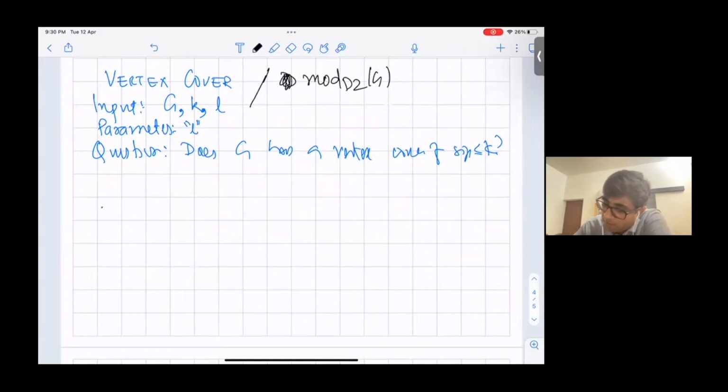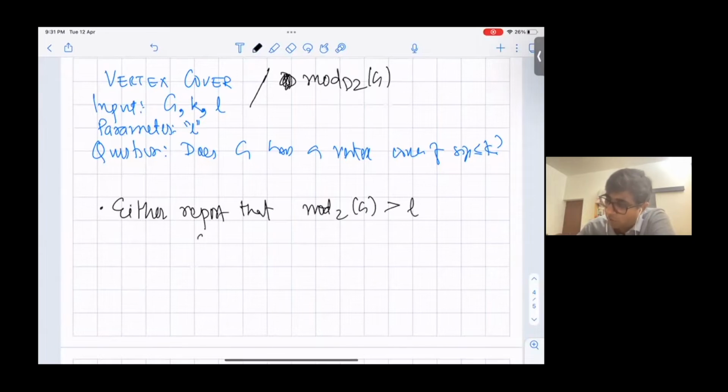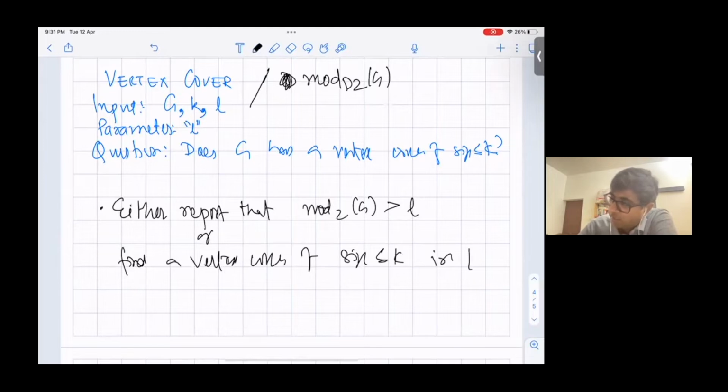We want to either report that the modulator to degree 2 of G is strictly greater than L, or find a vertex cover of size at most k in time f of L times n to the power O of 1. Is the goal of this question clear?